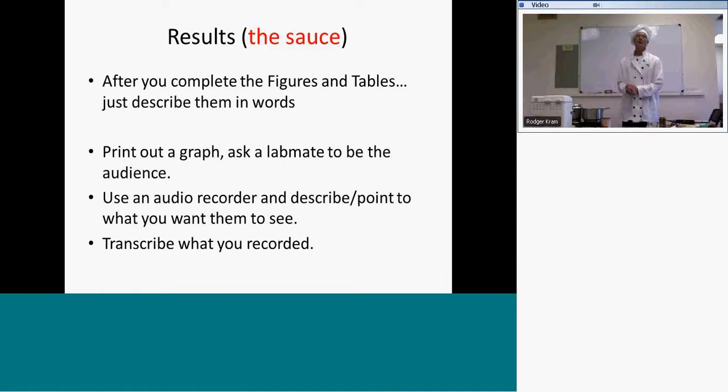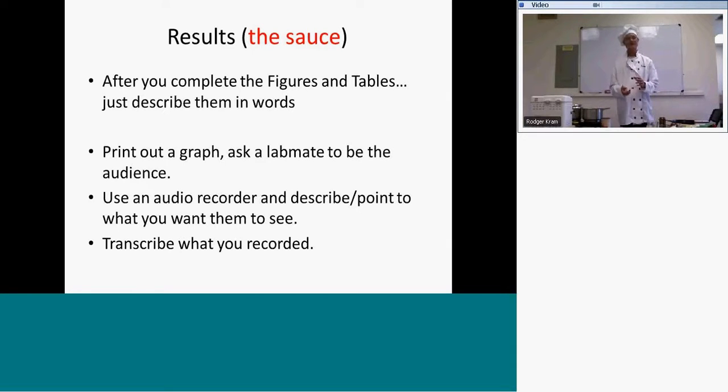Okay, after you complete the figures and tables, I like to think about describing those in words. That's the job of the results section. So what I recommend is that you print out a graph and ask a lab mate to be the audience. People have a hard time. Sometimes they can say things verbally, but when they sit down at the keyboard, they freeze. There are lots of apps for audio recorders, and there are actually old things called tape recorders that you might find in a museum.